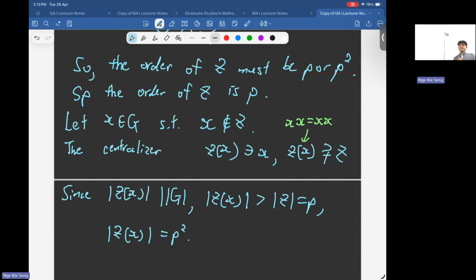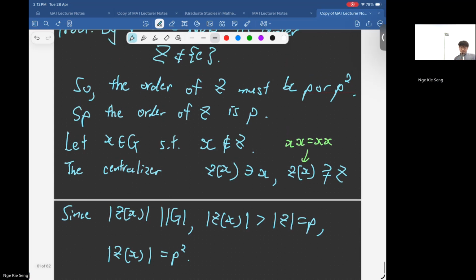Does it make sense? Yeah, very simple. Algebraic proof is like this, right? It's group theory. Okay. Does it make sense? Yeah. So if p squared were 9, if it's p, we deduce that it actually has to be p squared. The centralizer elements.